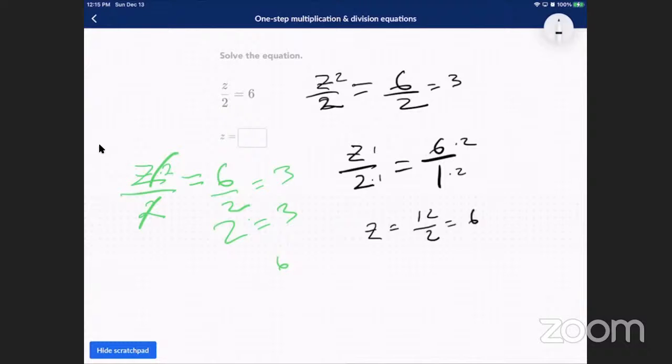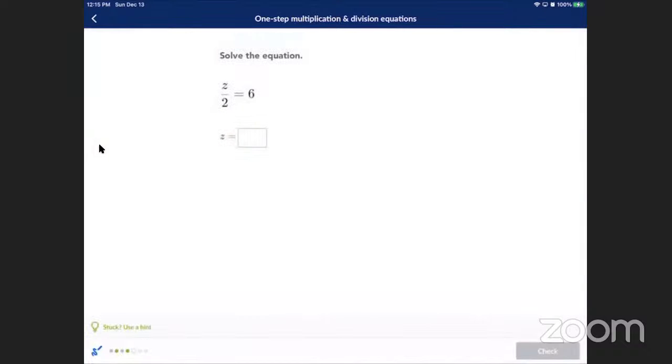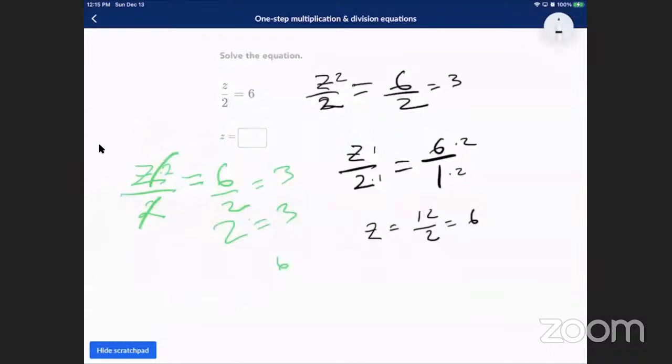But then how does z over 2 equals 6? It wouldn't be that, right? It would be z equals 12. All right, so let me go ahead and pull in another number.